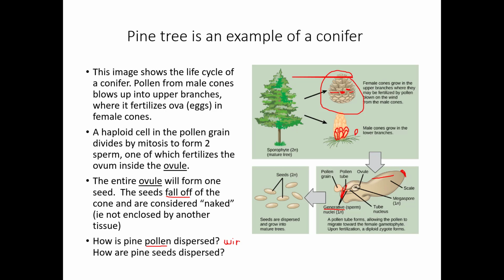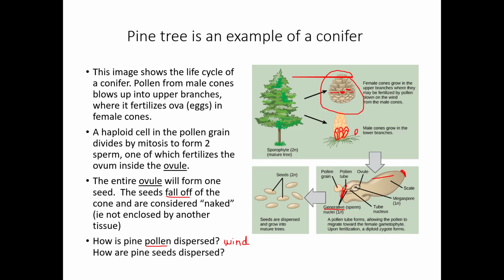Anything that's a wind dispersal is really just playing the odds. Like that plant has to put out a lot of pollen because, you know, evolution is just hoping that some of it happens to hit where there's an egg. So the plant has to really put out a lot of pollen to ensure that at least some of the pollen is going to accidentally hit an egg or hit an ovule.